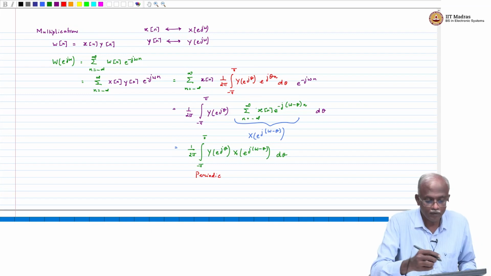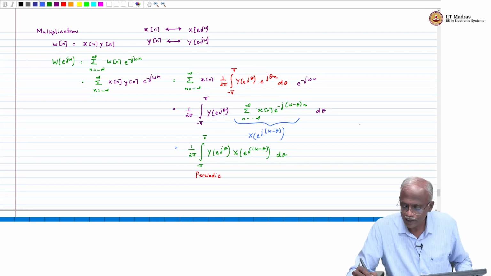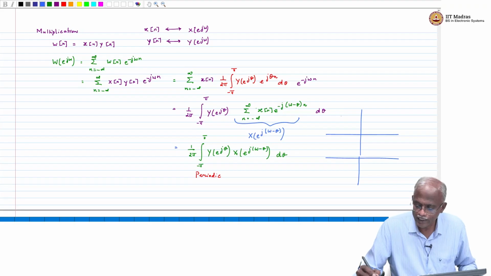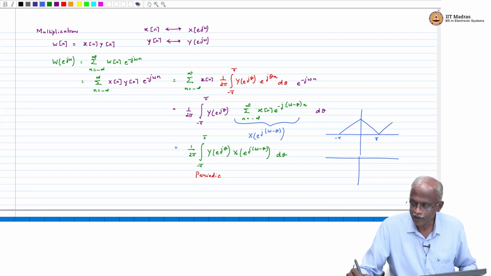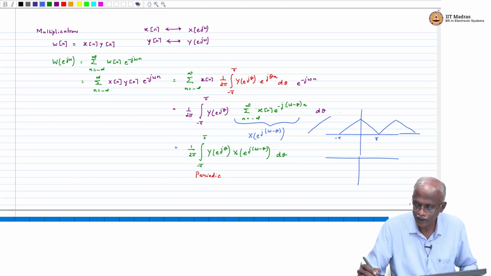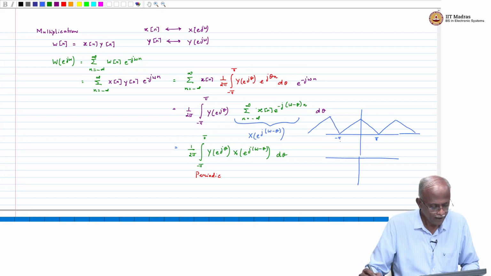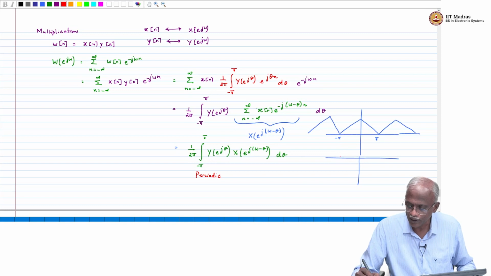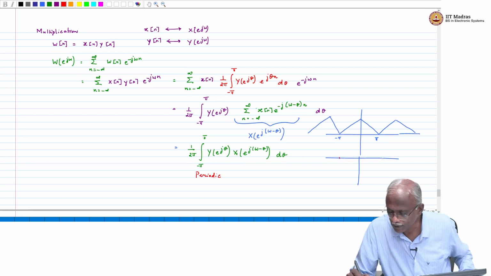Just as a visualization, let us say that you are convolving Y(e^{j omega}) and let us say Y(e^{j omega}) has this spectrum from minus pi to pi, and remember, it is a periodic function. So, you will see the periodic repetitions on both sides. And we will look at another response for X(e^{j omega}) from minus pi to pi.